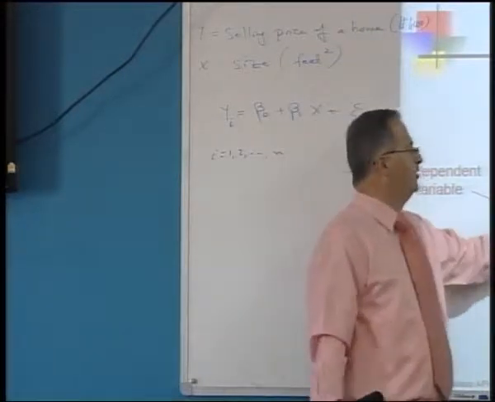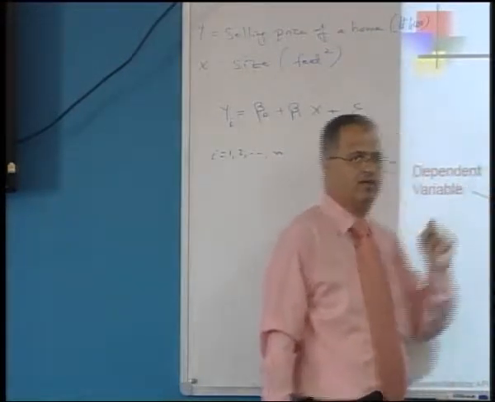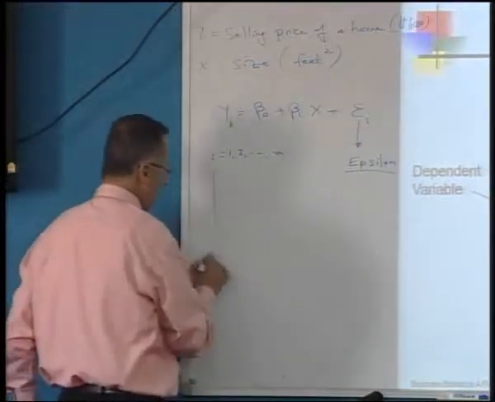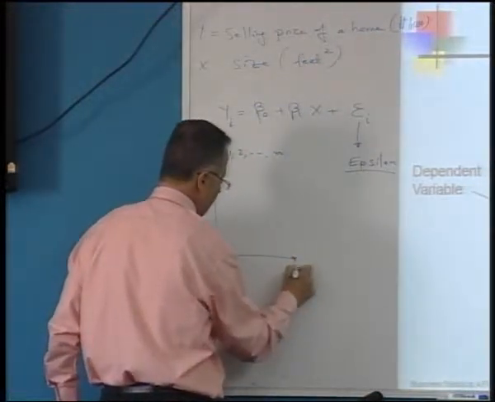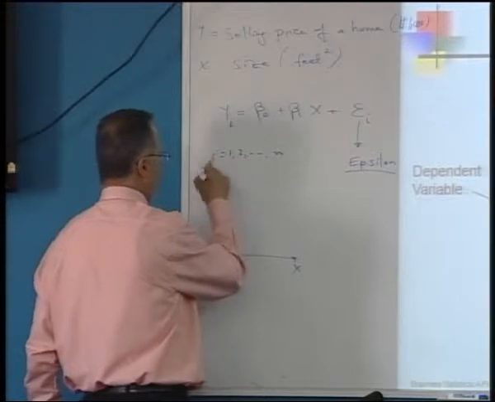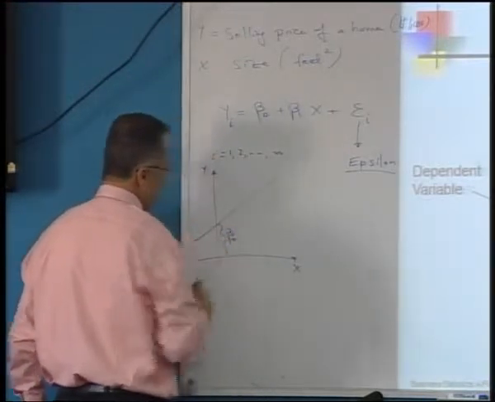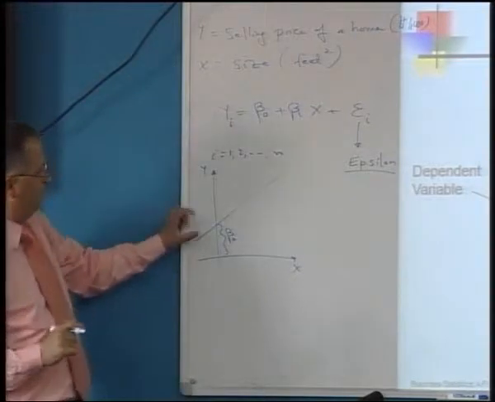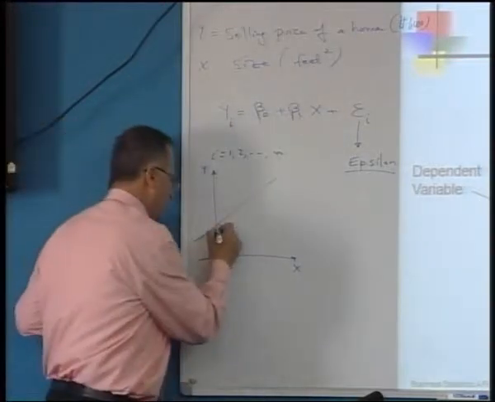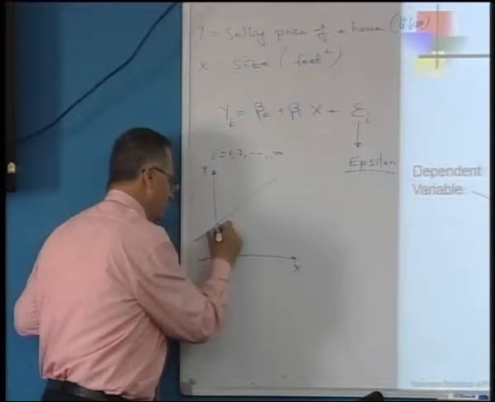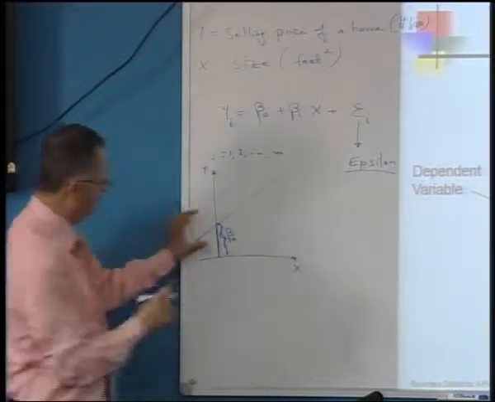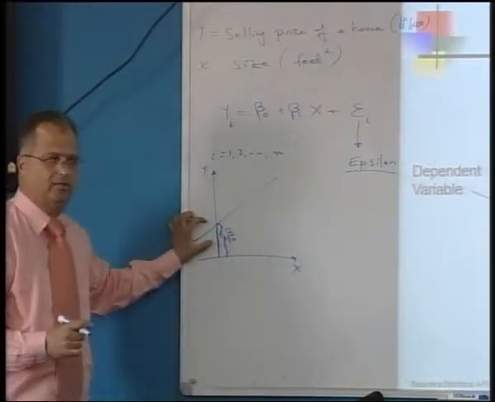Beta 0 is the population y-intercept. For example, if we have this scatter now, beta 0 is this one. So this segment is beta 0.